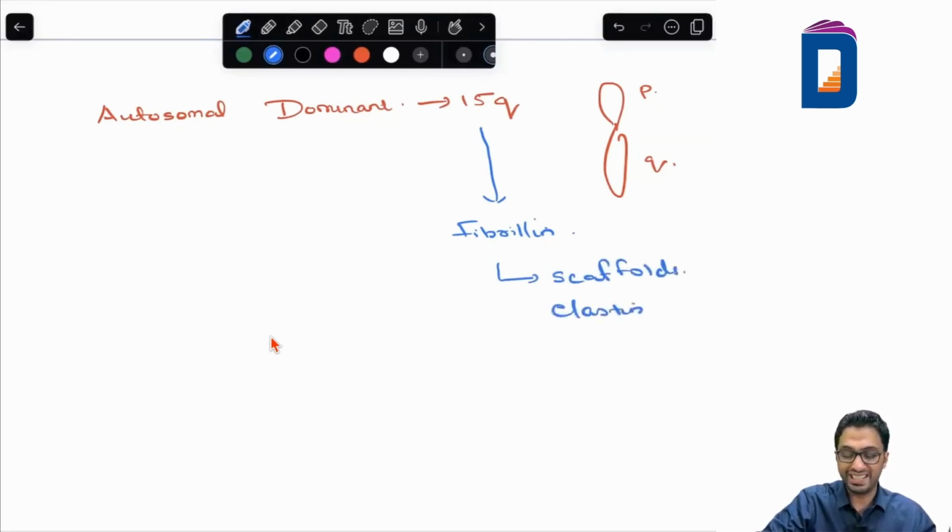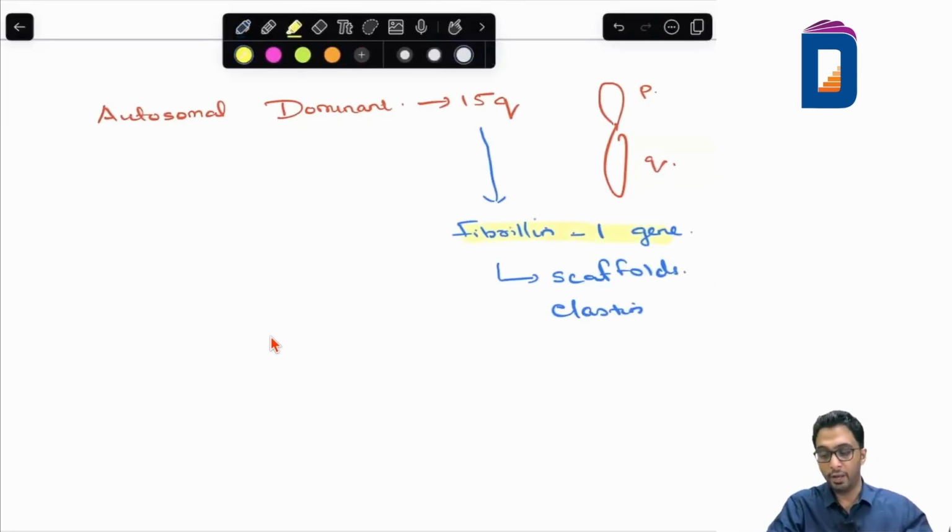As I've told you, elastin is there everywhere: in the skin, the ligaments, the blood vessels, the aorta. So all these manifestations are affected. That's one question: fibrillin 1 gene. They'll confuse you with fibrillin 1, 2, 3, but it's basically the fibrillin 1 gene. That's a basic thing.